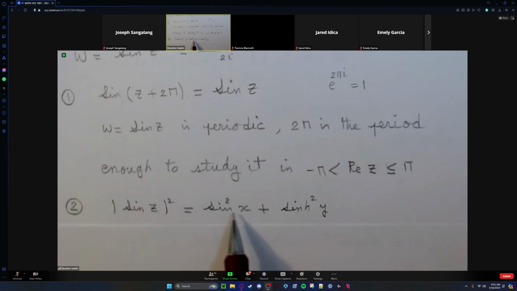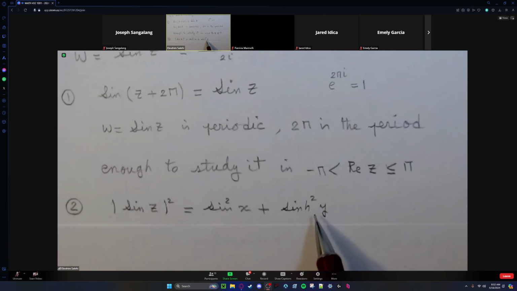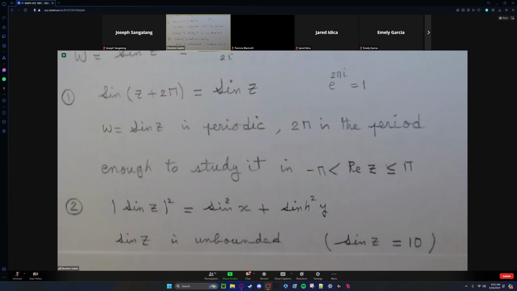Although sine of x is between -1 and 1, and in this case you're squaring it, so it's between 0 and 1, this sinh squared of y is unbounded. x can be between -pi and pi, but y can be anything. So sine z is unbounded.